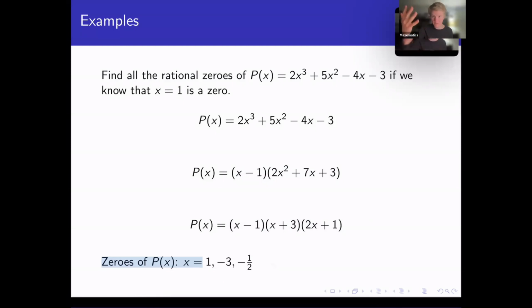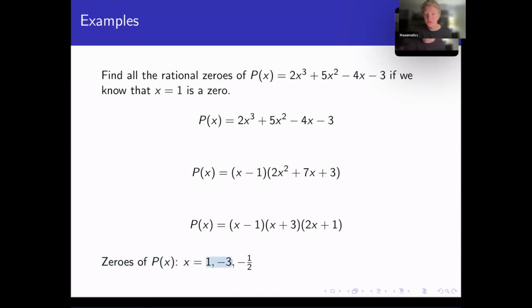So we got 5 other zeros that were not true, but all the rational zeros that are here did appear in that list. We just happened to use x equals 1 as our starting point to do long division. But you could have done the exact same thing with x plus 3. You could have done the same thing with 2x plus 1.